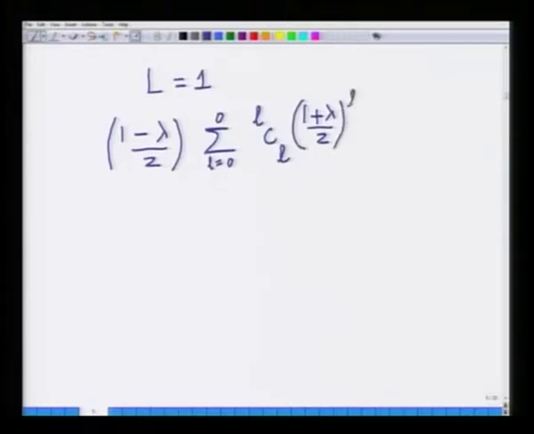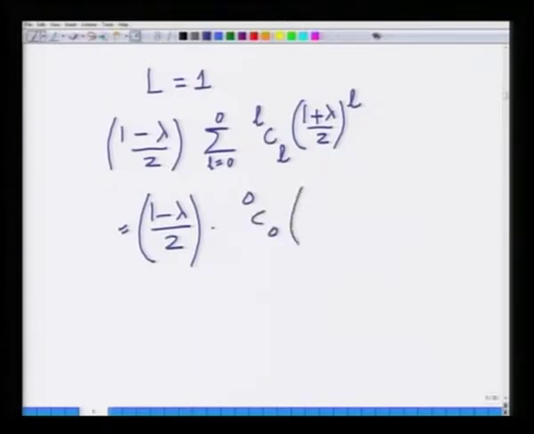Now, there is only one term in this expression, which is l equals 0. So, this reduces to 1 minus lambda over 2 times 0 choose 0, times 1 plus lambda over 2 to the power of 0.